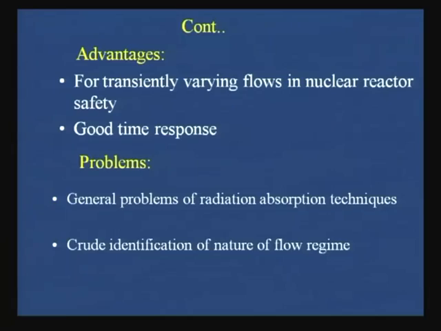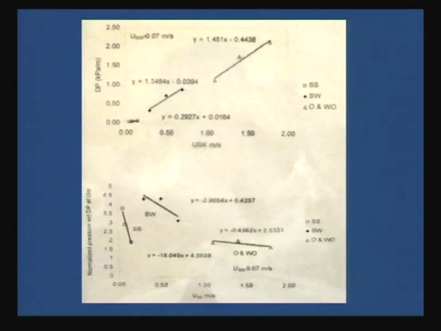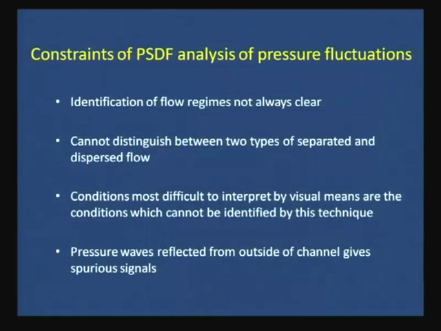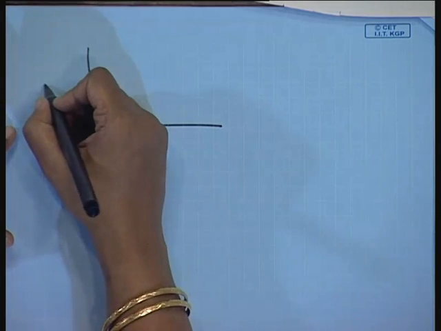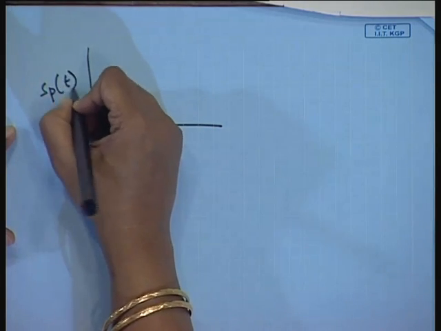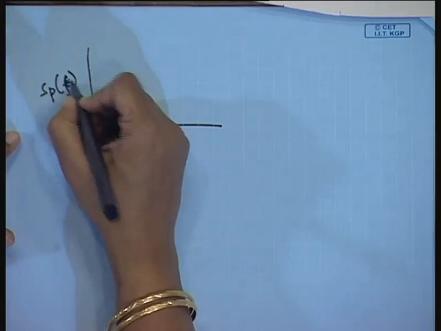Now, the only thing which I would like to show you is what we usually find if we perform the PSDF technique and analyze the pressure drop signals. We usually get output something of this sort. This is the PSDF analysis as a function of frequency.